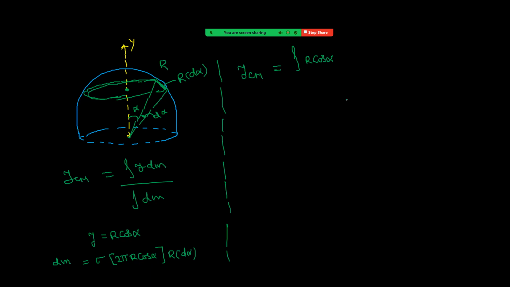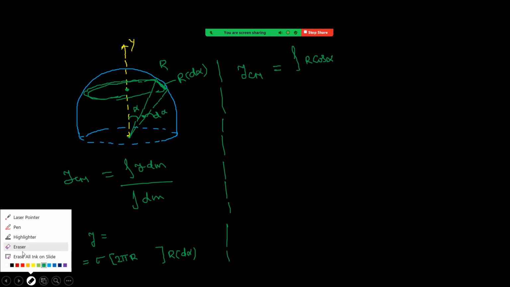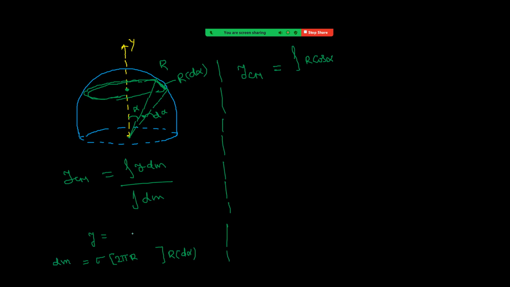So directly I am writing here. Wait, here. I think I made one mistake. Wait. All right, this is not a correct one. See where we have made a mistake. Y is anyhow r cos alpha.